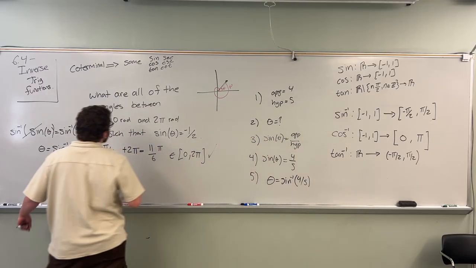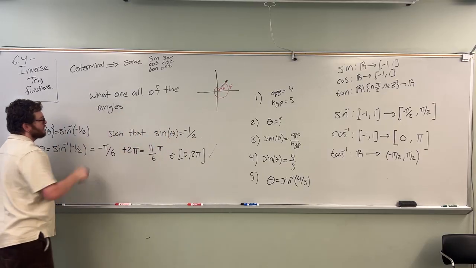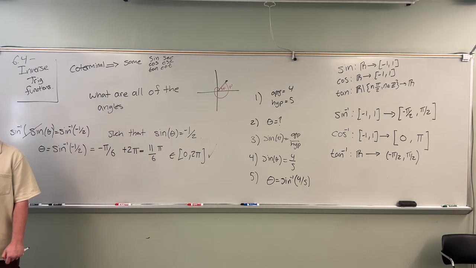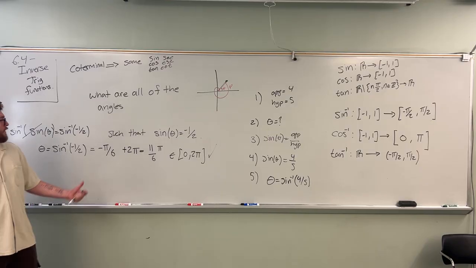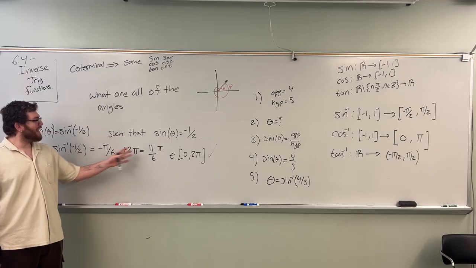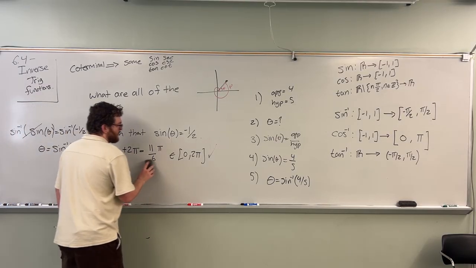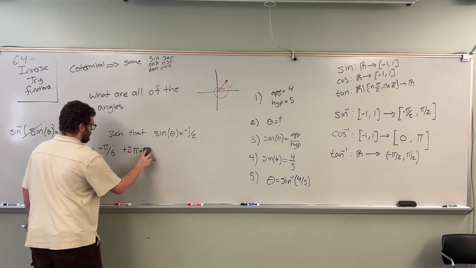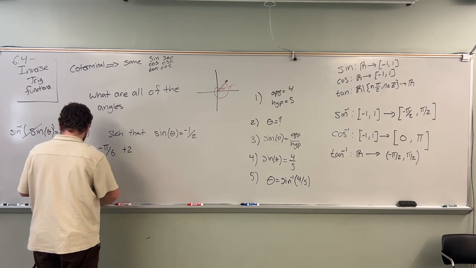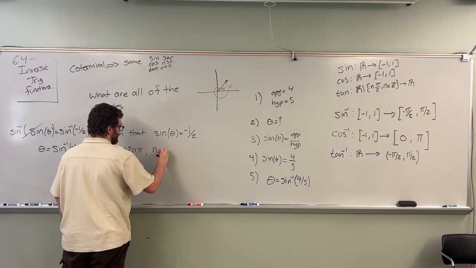So I could instead ask you, what are all the angles such that sine of theta equals -1/2? Then I don't have to worry about this plus 2 pi. It can be any angle that's coterminal with this. So instead I would write, instead of just 2 pi, plus 2 n pi, where n is any integer.